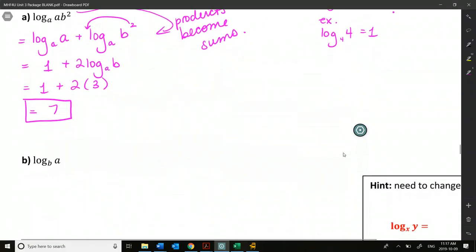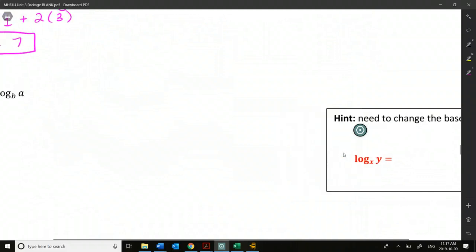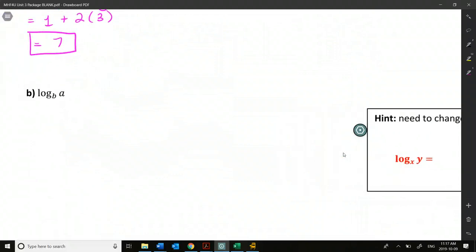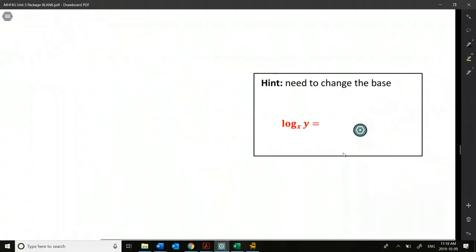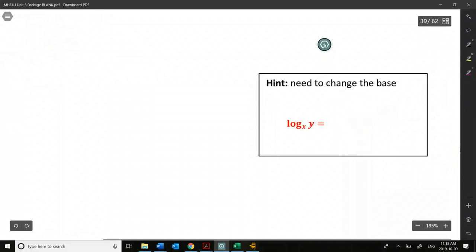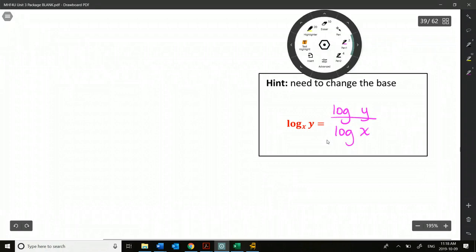Okay, last one. We are going to need the change of base formula for this one. Just as a reminder, when I have something that is log base x of y, I can write this as the log of y over the log of x. And I can actually choose any base that I want here, as long as that base is the same.